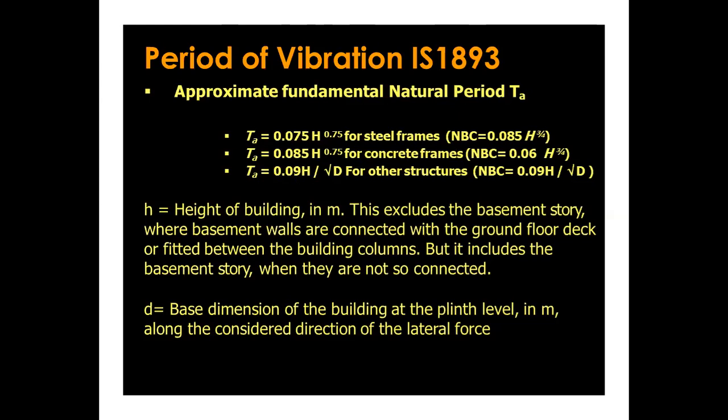So these three conditions of Ta, fundamental natural period Ta, are given in IS 1893 2002, right? So these are the NBC code criteria, and these are the 2002 code criteria, right?